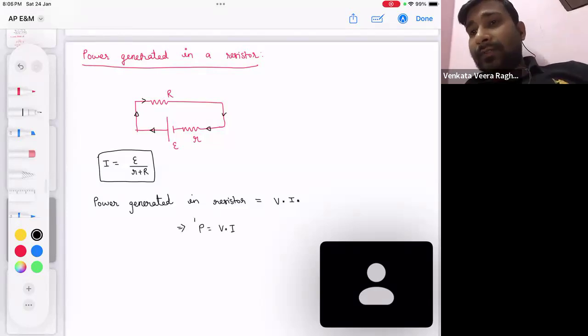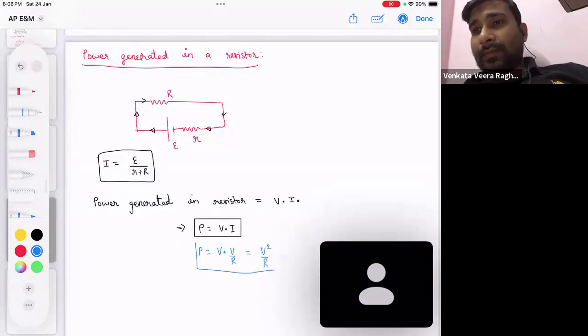But this formula can be converted into a different format. Since I equals V by R, the power developed in a resistor can be written as V square by R.